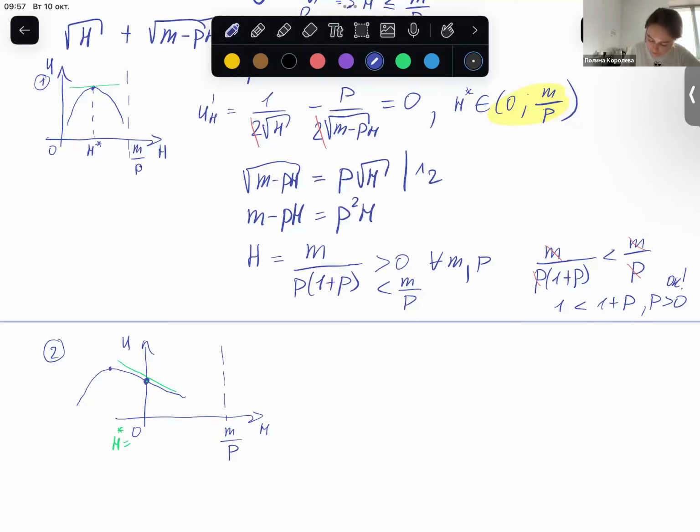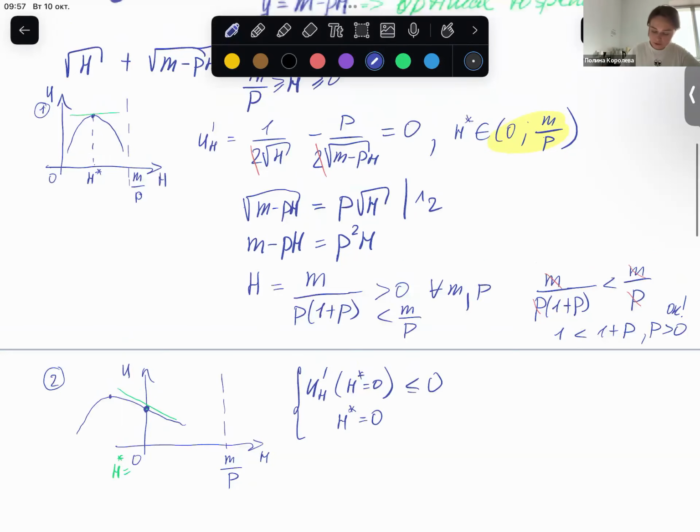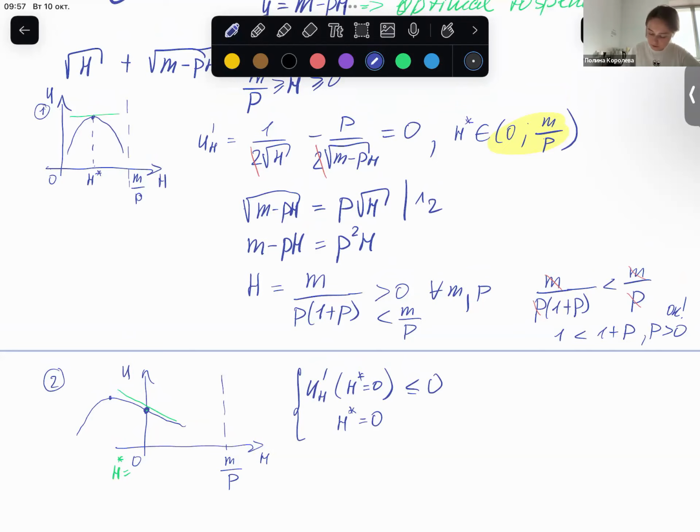Our derivative at this actual point should be less or equal than 0, and in this case our solution will be not to consume any heating. So let's check it. We know the partial derivative, so this will be 1 over 2 square root of 0 minus price over 2 square root of m.